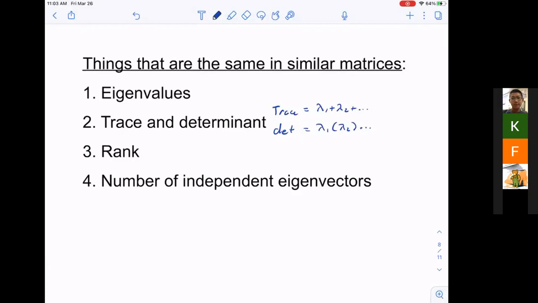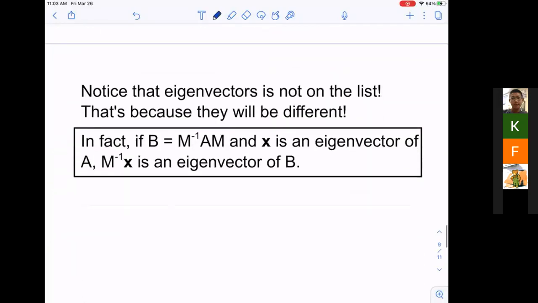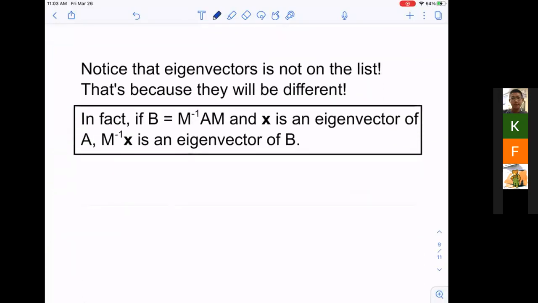All right. Notice that it says you have the same number of eigenvectors, but you won't have the same eigenvectors. They will be different.